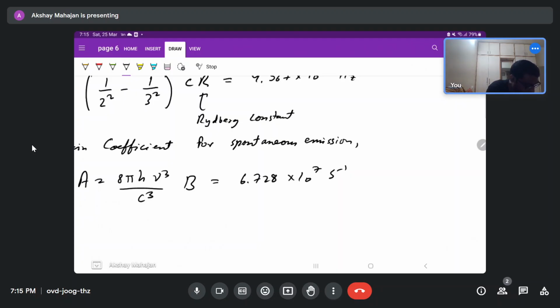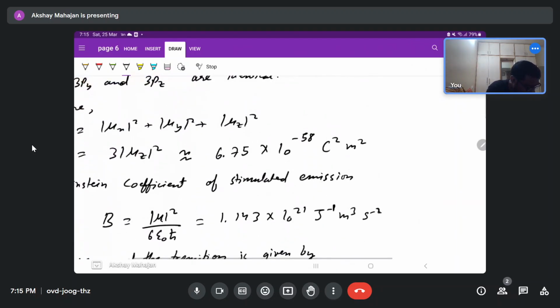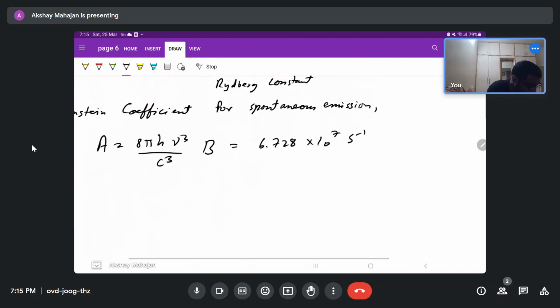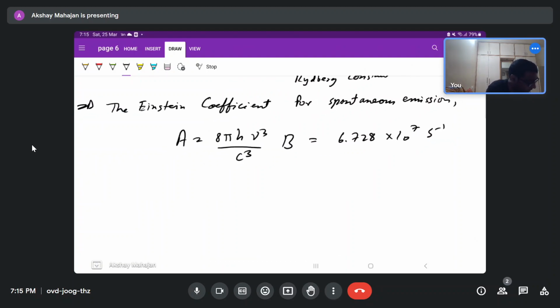We just need to put this value. We have the nu, we have B as well, and all the constant values, and the result will be 6.728 into 10 to the power 7. So we have the A value.